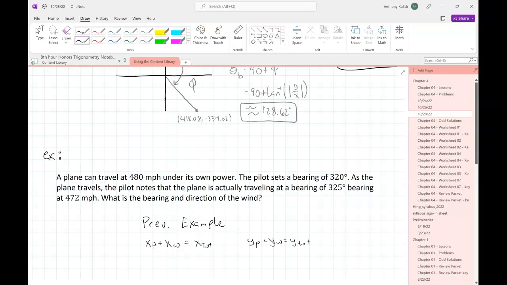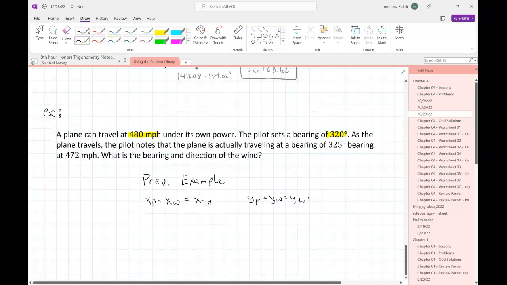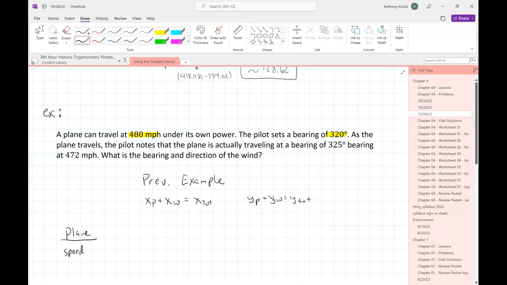So last time we did this, right? What are we given in this problem? So we have some plane stuff, right? And then what's this other part that we're given?